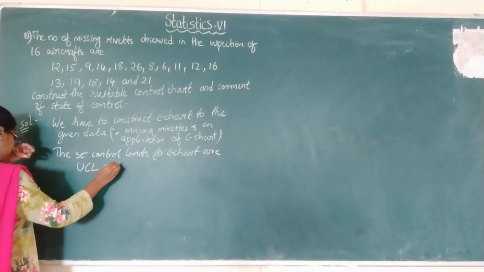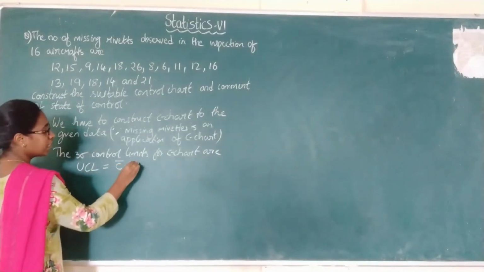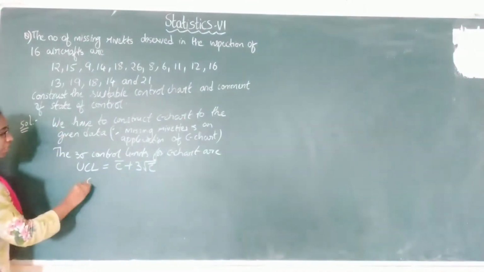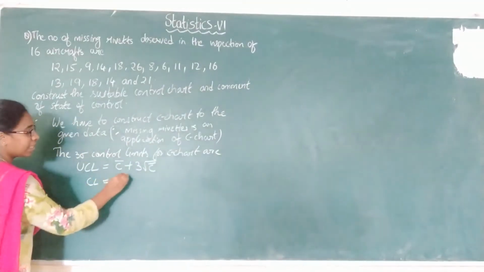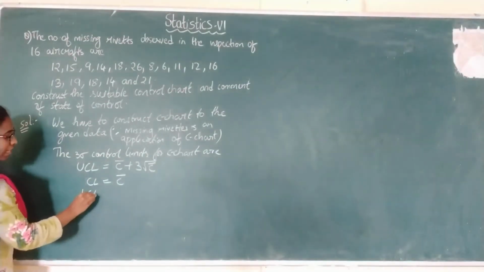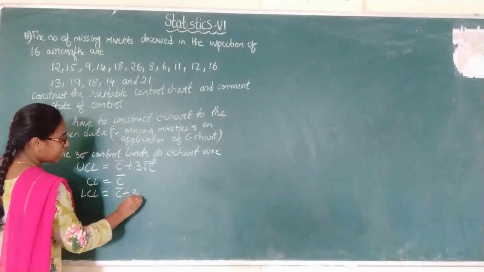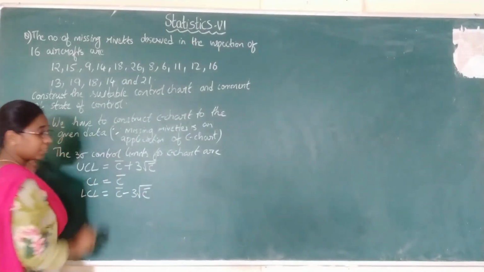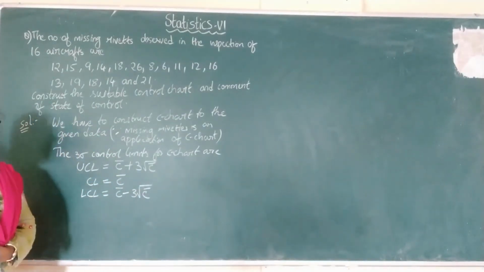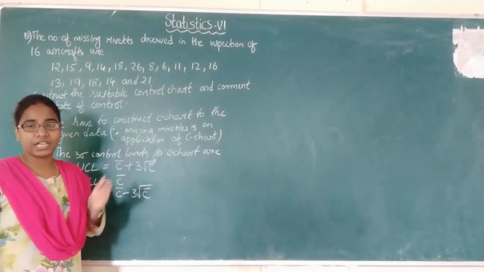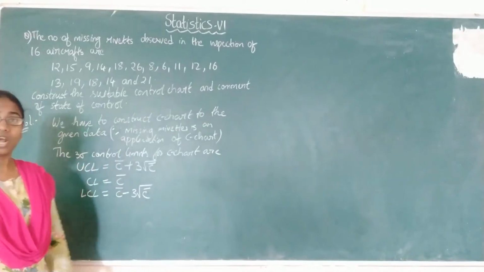UCL equals C bar plus 3 into square root of C bar. CL equals C bar. Similarly, LCL equals C bar minus 3 into square root of C bar. So these are the different control limits for the C chart under the condition that the standards are unknown.